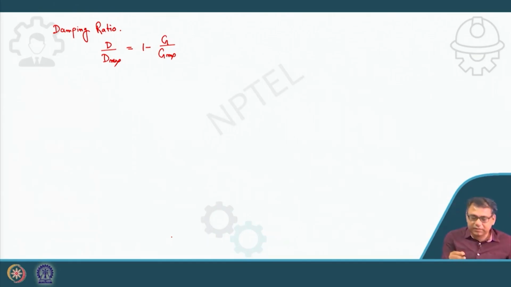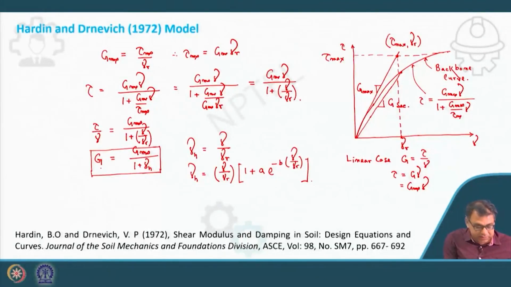Clear? Now this is the equation. So now I can write here 1 minus G by G max. Now I can replace this G by G max.